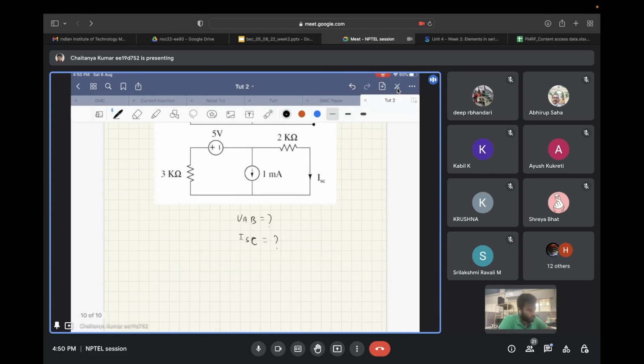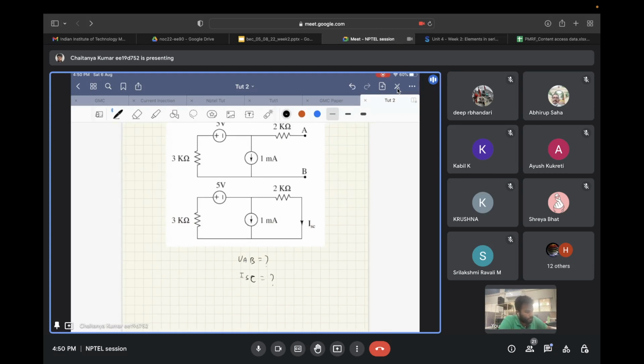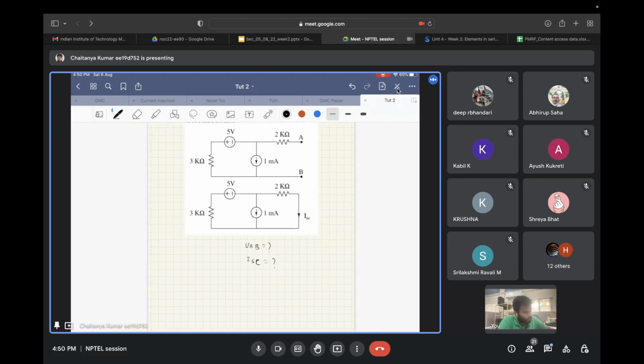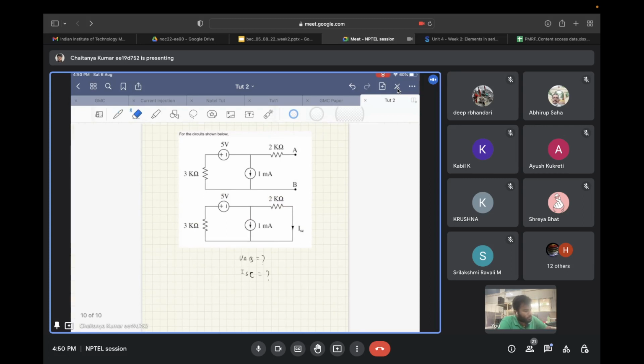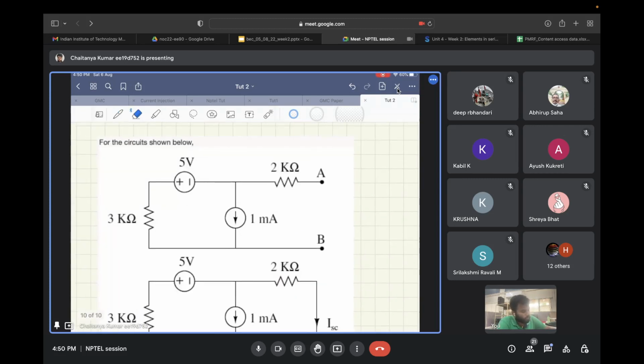Let's see the solution. First of all, VAB. So we have 3 kilo ohms. What we have over here is this 2 kilo ohm resistor is open-ended at one side, so no current will flow through it.